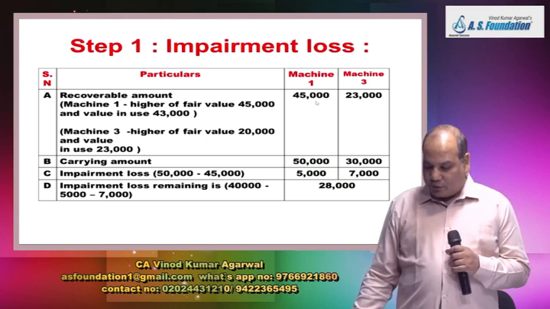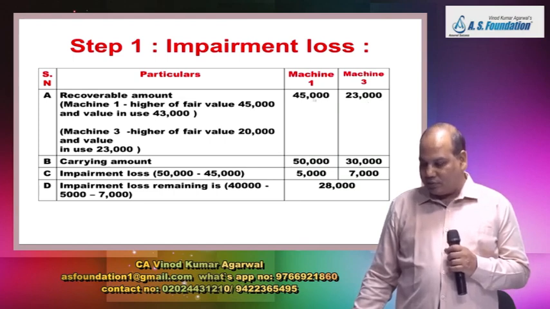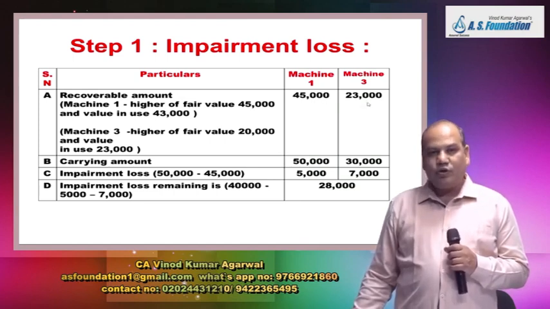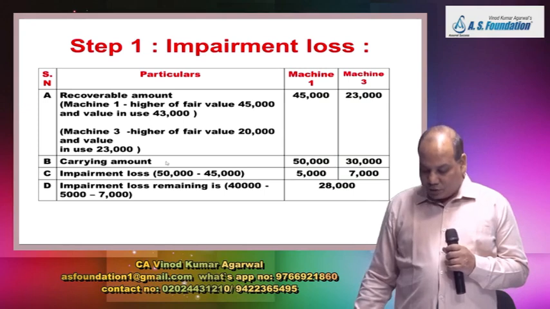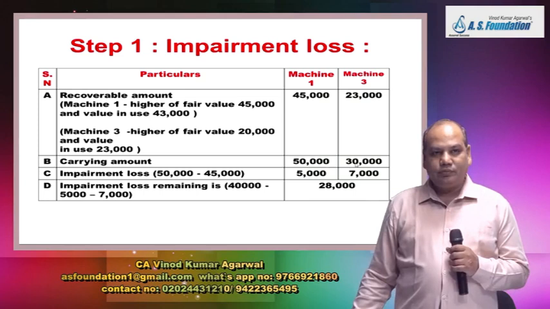So you will find for machine 1, fair value 45,000 is higher. And for machine 3, the value in use 23,000 is higher. So write 45,000 and 23,000 directly, and carrying amount 50,000 and 30,000.